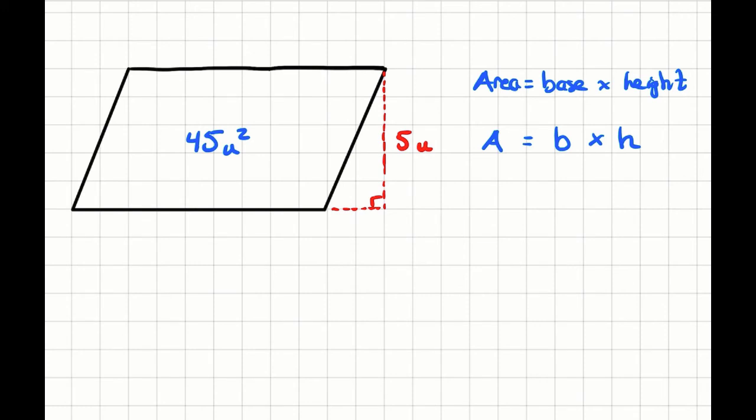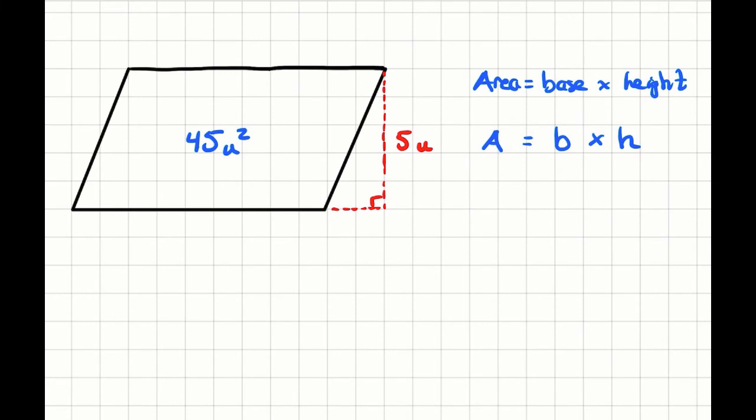Now, notice I have 3 terms in my formula, and I'm given 2 in my problem. This is how math works oftentimes. You're given just enough information to solve for the unknown. If I knew all 3 of these, I wouldn't have a problem. I'd know all the information.